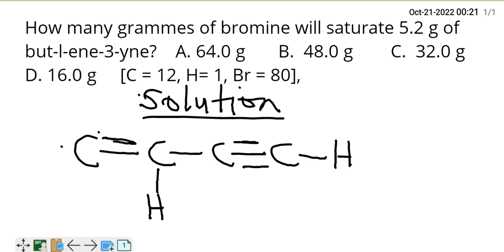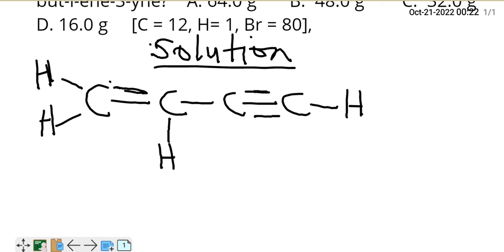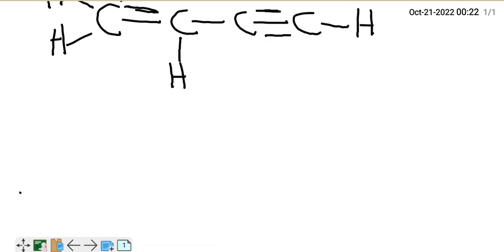So we are going to add 2 more bonds to make it 4. So it's from here we can see that there are only 4 hydrogen atoms in the chain of but-1-en-3-yne. So this is the structure for but-1-en-3-yne.